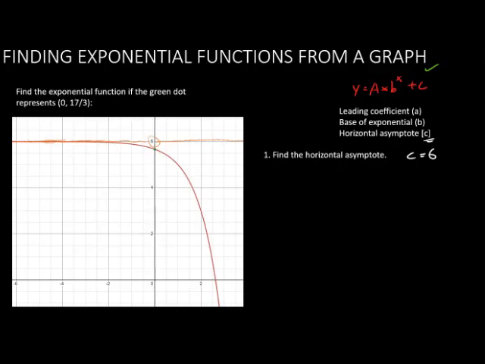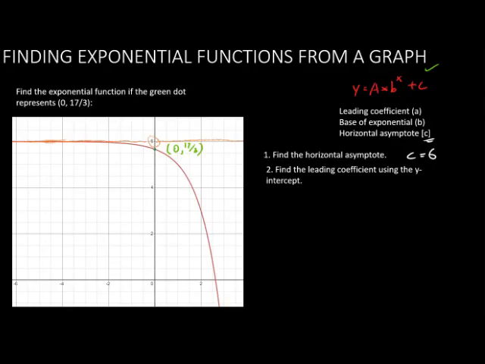Now that we have that, let's try to find the leading coefficient. To find the leading coefficient, we're going to use the y-intercept. We can see there is a green dot representing the y-intercept, and the coordinate for that is 0, 17 over 3.